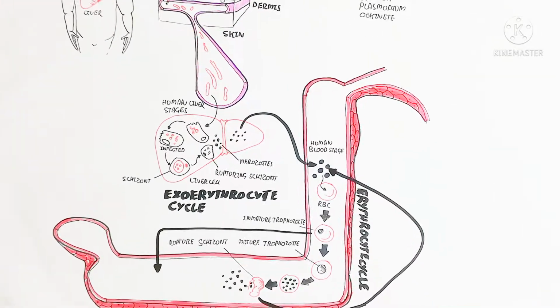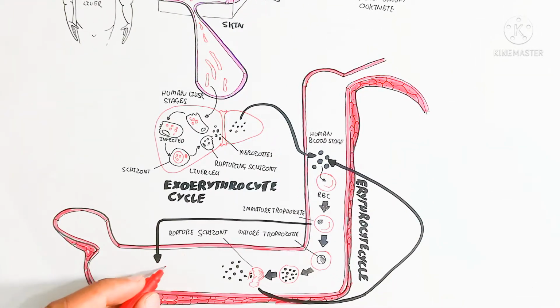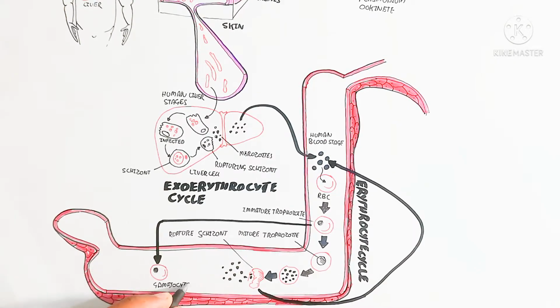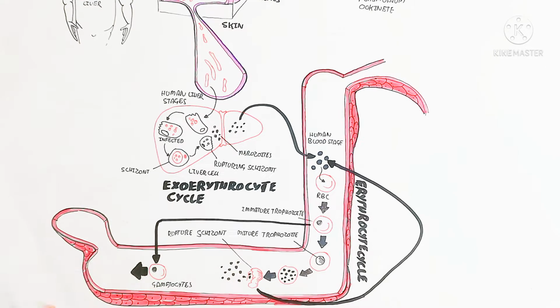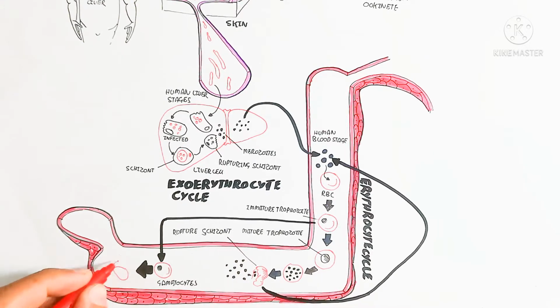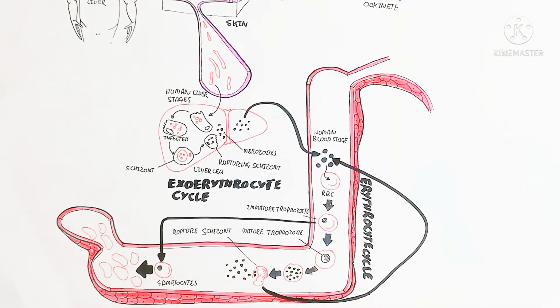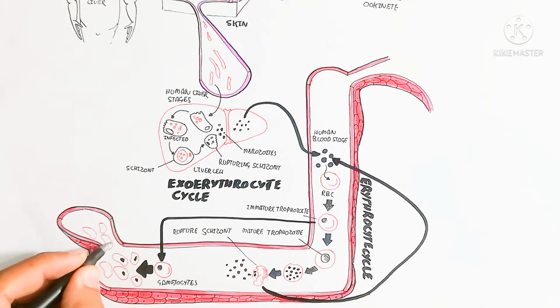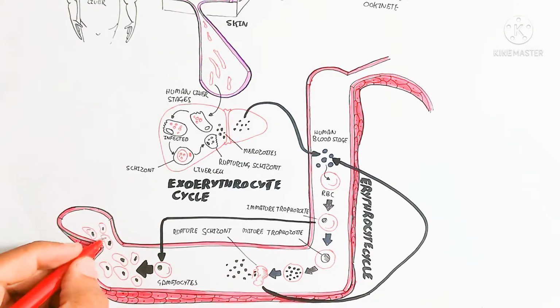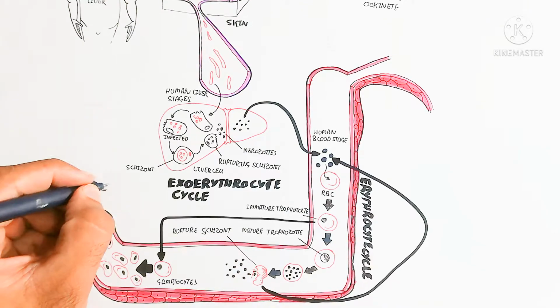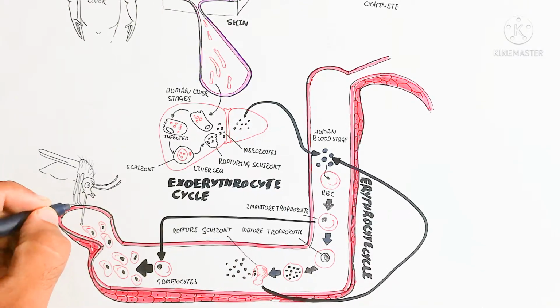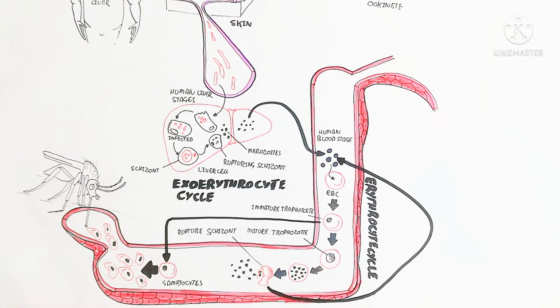On the other hand, the immature trophozoite is converted into the gametocyte, which contains male and female gametes. The Anopheles mosquito ingests the gametocytes during a blood meal, and the gametocytes enter the digestive system of the mosquito.